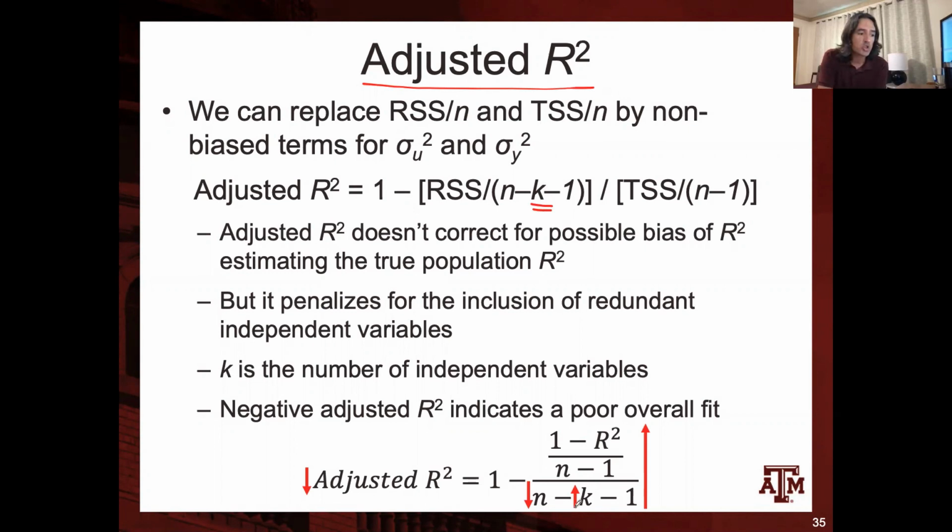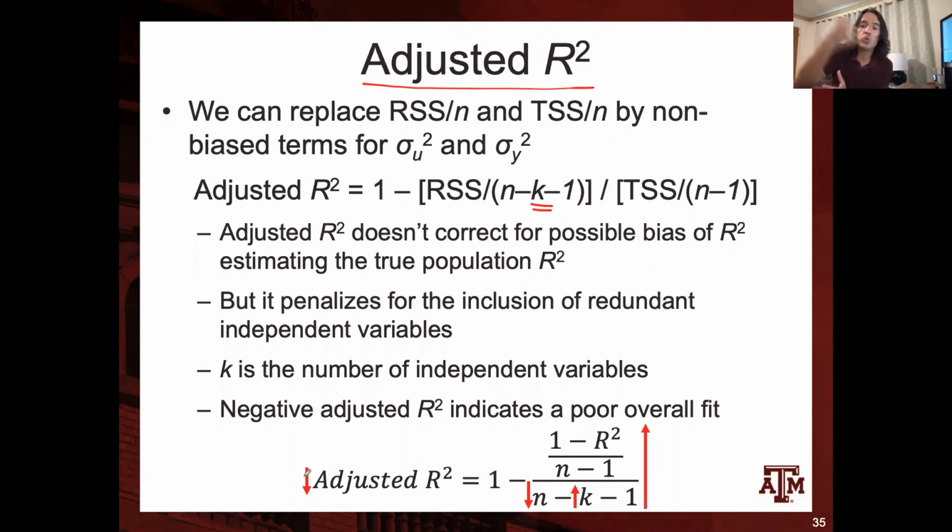If I increase the number of independent variables too much, and they don't actually have any power or magnitude of effect on my dependent variable, my whole denominator will decrease in this formula. So this whole portion here will increase. 1 minus a bigger number will generate a smaller adjusted R-square, okay?